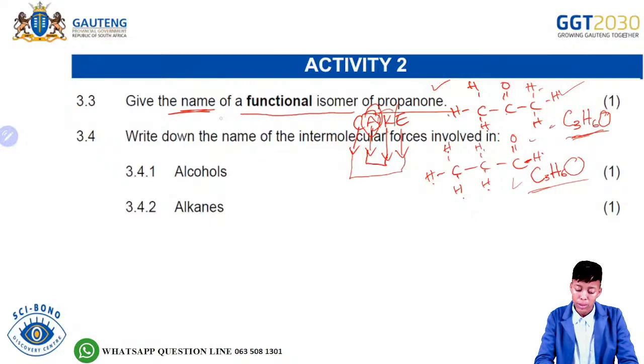Now going back to the question, it says, give the name of the functional isomer. Now that we have the structure of the functional isomer, we can give the name of the functional isomer of propanone.